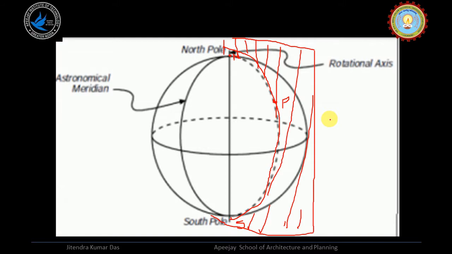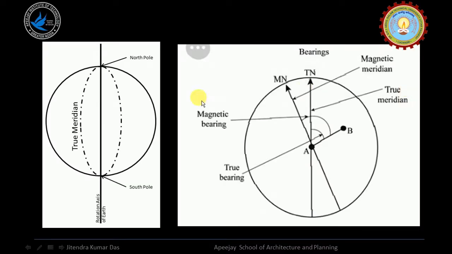Or geographic meridian. Now next, what is the magnetic meridian? When I say magnetic meridian, it means a plane which passes through the magnetic north and magnetic south.